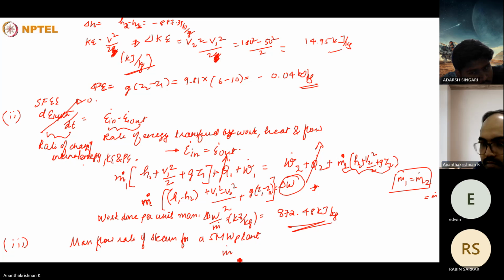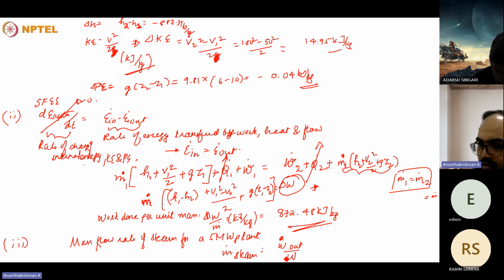So mass flow rate of steam is equal to W out, the work, divided by delta W divided by m dot, the specific work. That will be equal to 5 into 10 cube divided by 872.48.